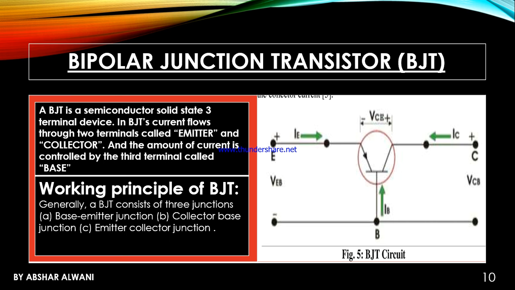As the base region is lightly doped, with only a few holes, only some electrons of the emitter region recombine with the holes in the base region and flow out of the base terminal. This forms the base current, which is formed due to recombination of electrons and holes. The remaining large number of electrons will pass to the collector junction to form a large collector current. The base current is very small compared to the collector current.